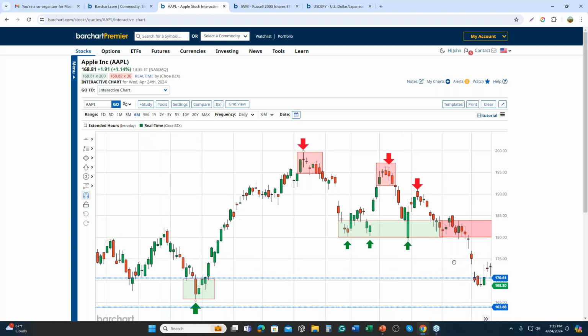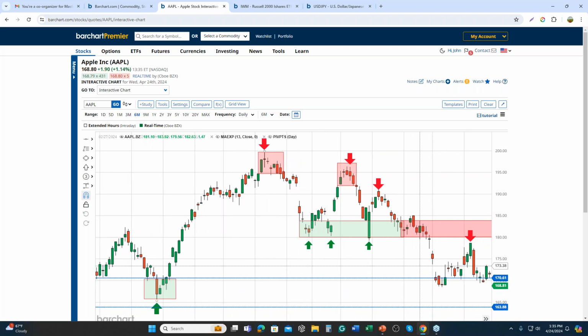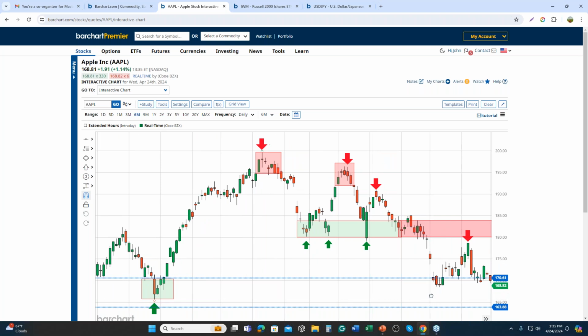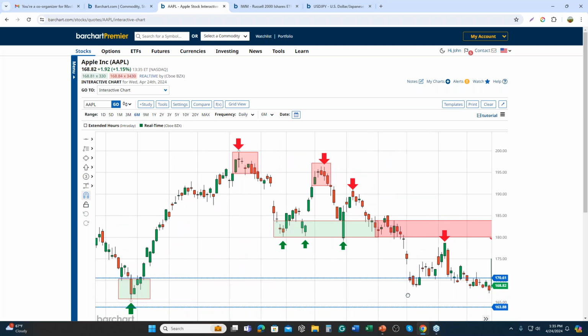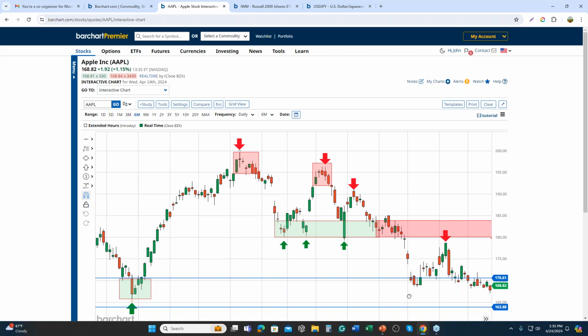So the second thought behind entries into a zone is something called a zonal entry. And a zonal entry, here we're waiting for price to penetrate into our zone of action. Now, this will lower our risk on our entries because now we're deeper, or we're closer to that back end of where we think risk is.